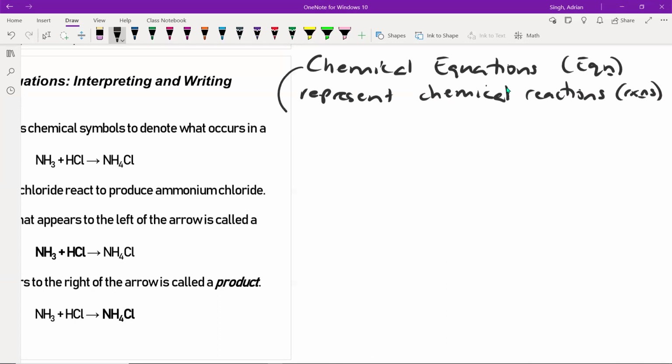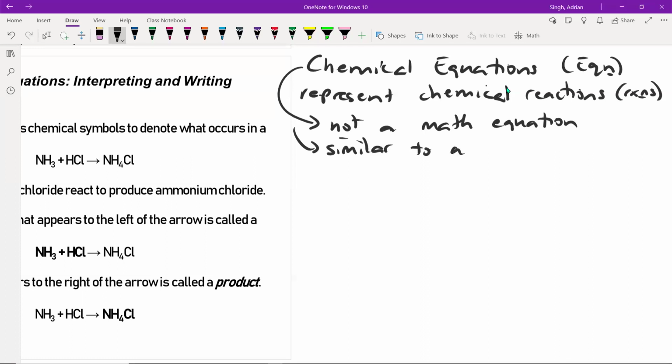So you can think of a chemical equation. Now you may initially think of it as similar to a mathematical equation, but it's not a math equation. There aren't any equal signs in it. You can think of it more like a chemical sentence instead of a math equation.